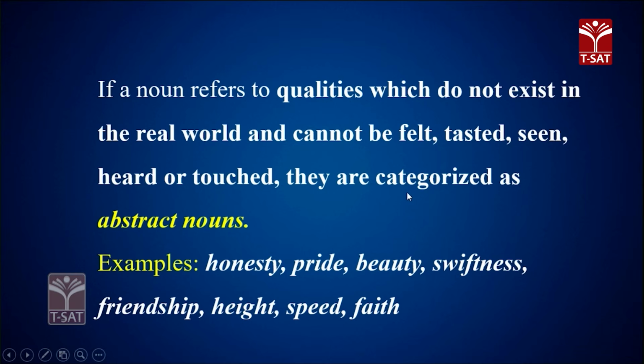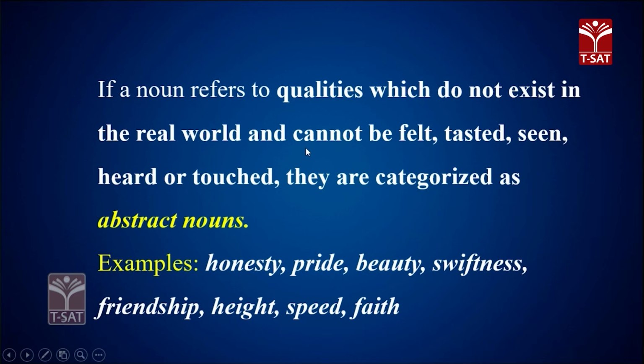Then the next one, abstract noun. If a noun refers to qualities which do not exist in the real world and cannot be felt, tasted, seen, heard or touched, they are categorized as abstract nouns. The keyword here is the qualities which do not exist in the real world.